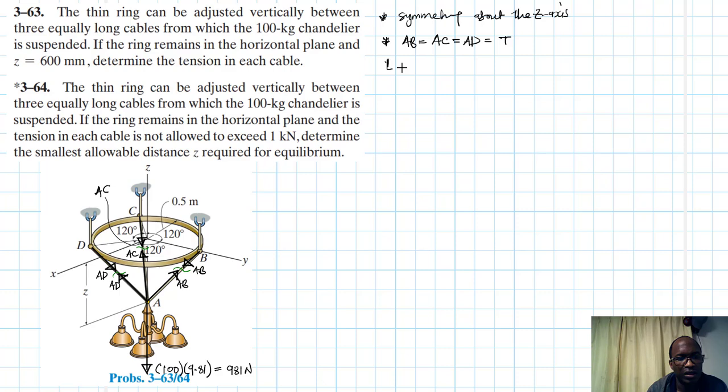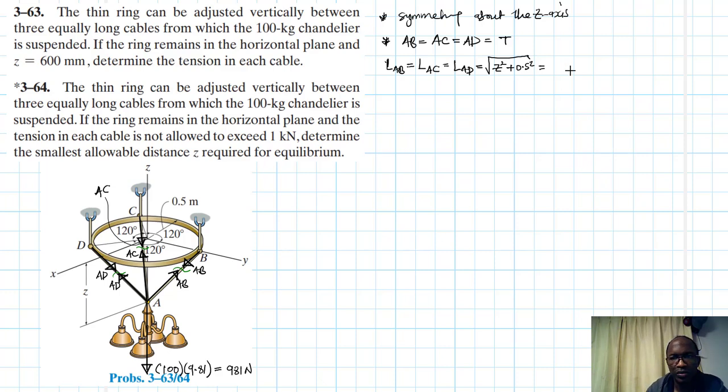The length AB equals the length AC, which equals the length AD, and it's just equal to the square root of Z squared plus the radius of the ring where the cables are attached, which is 0.5 squared.